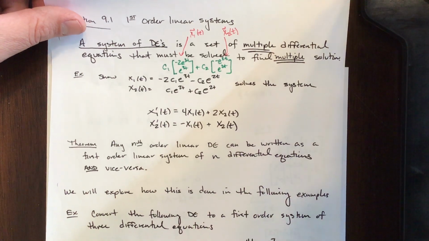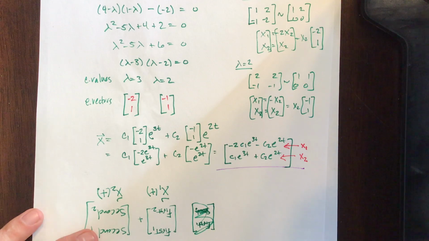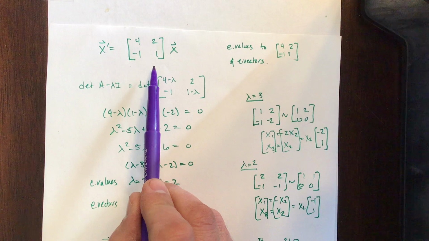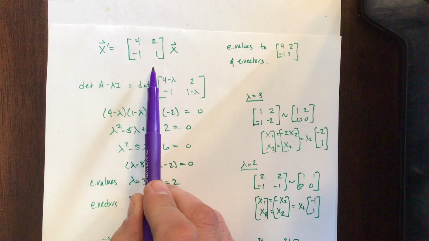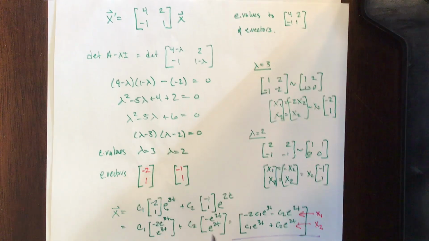Okay, the solution to that is found right there. And how did we find it? By diagonalizing the matrix A. We found its eigenvalues and eigenvectors. We found those to be right here.